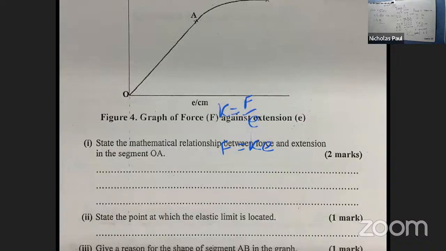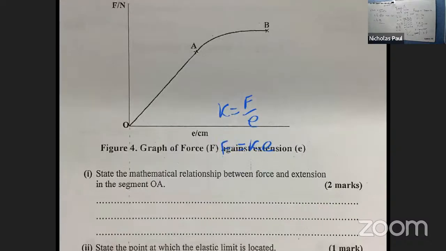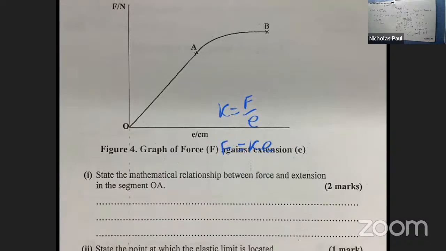Right here. So Elon, where is the elastic limit located? At A. Anything beyond A, it starts with Q. You're seeing it? Anything beyond A.